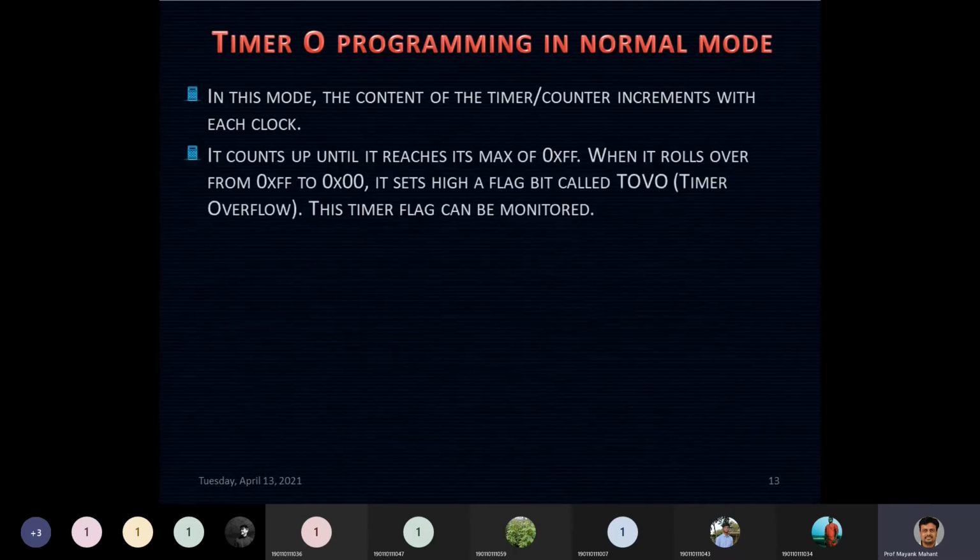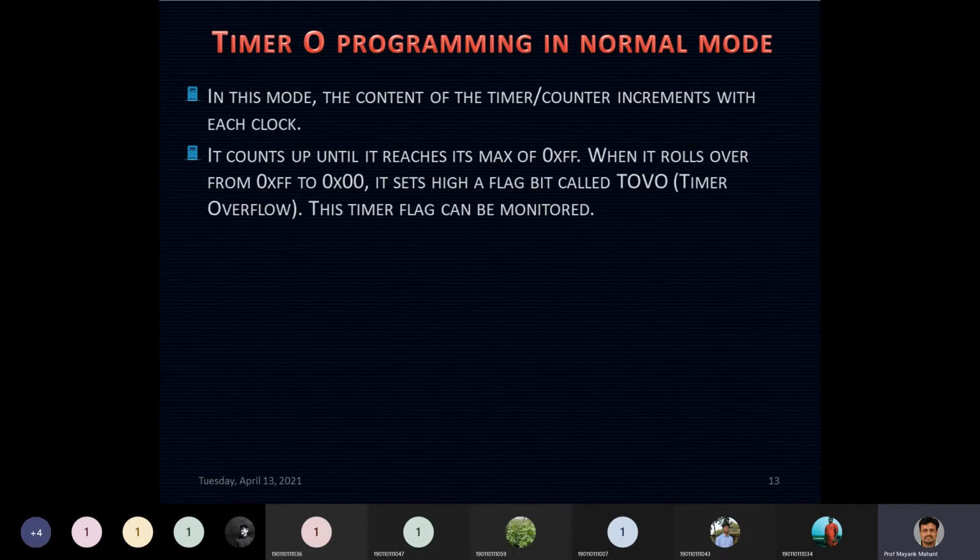It counts up till it reaches its maximum value, and as it is an 8-bit counter, the maximum value is 255, or in hexadecimal, 0xFF. It will roll over from 0xFF to 0x00.